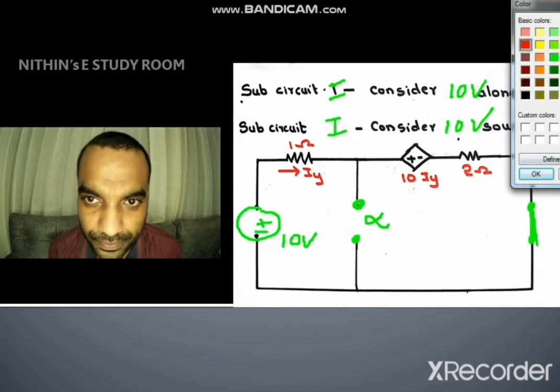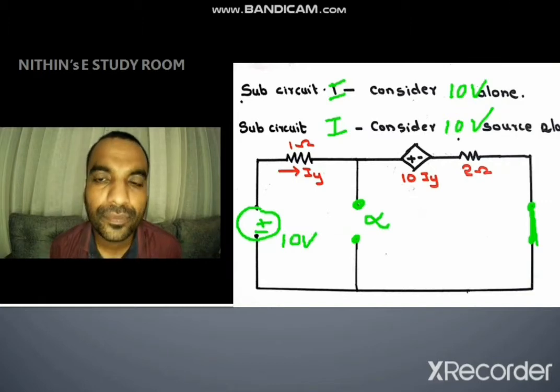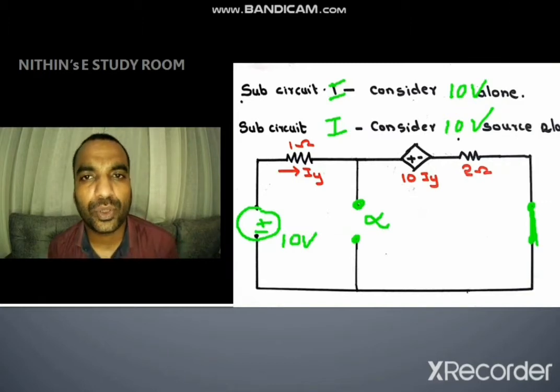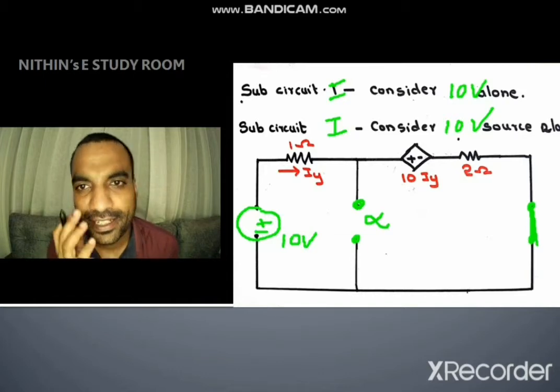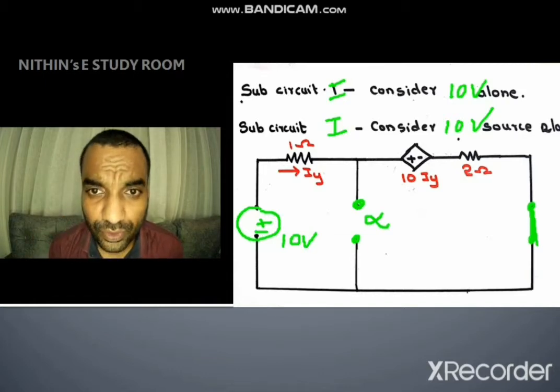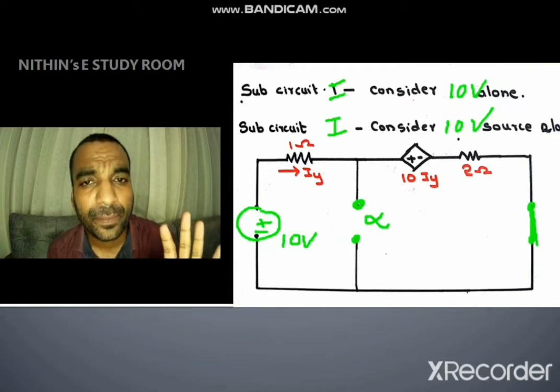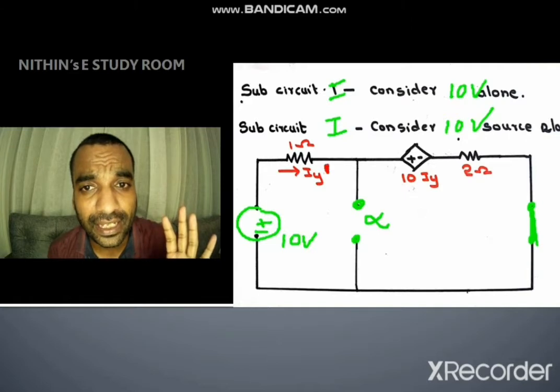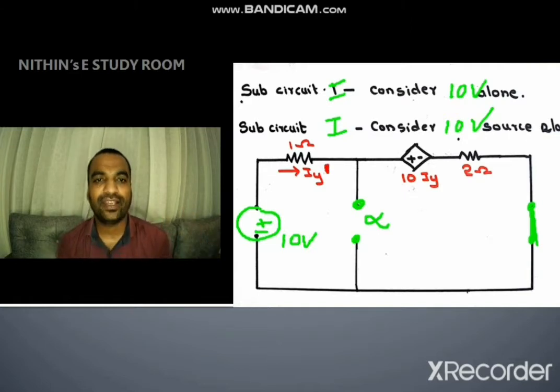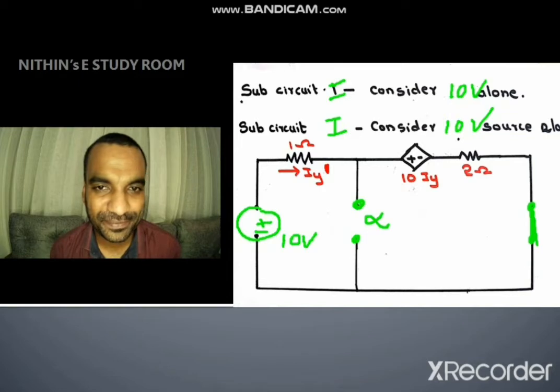Okay, now we can do the analysis. One more thing I have to do: in the basic figure it was IY, but as it is the first subcircuit, I am renaming it as IY dash. Okay, so we can start doing the problem.